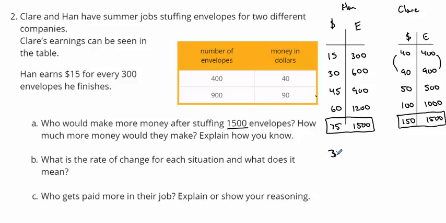So 300 envelopes, they make $15. Or we could rewrite it this way: $15 per 300 envelopes. And over here we saw that it's $50 per 500 envelopes. So I mean, we know that Claire makes more money, but it's not so clear here, is it?